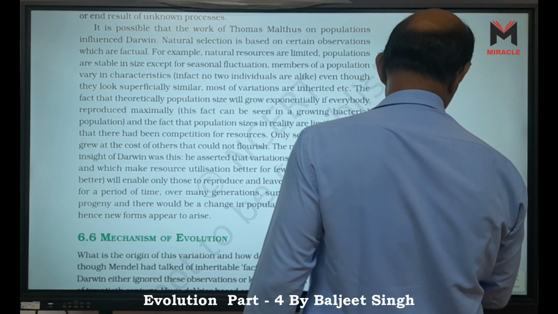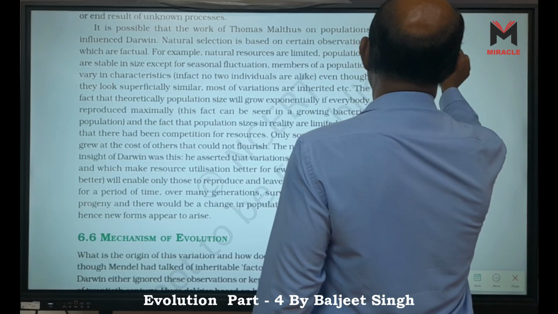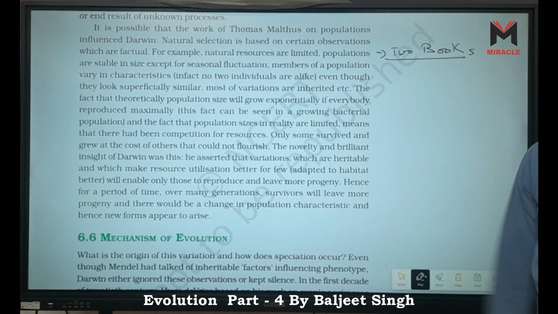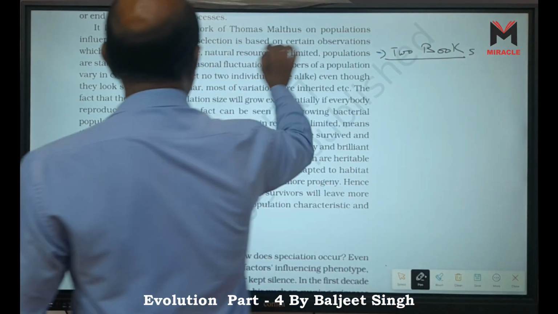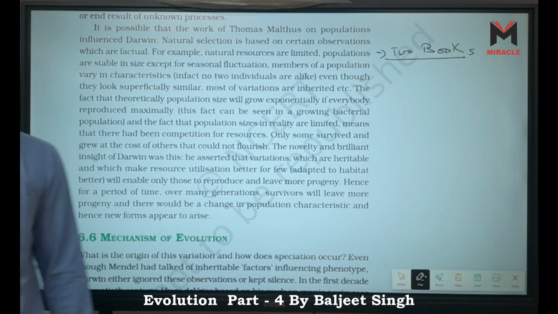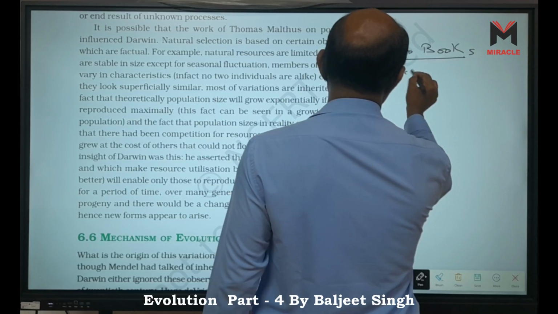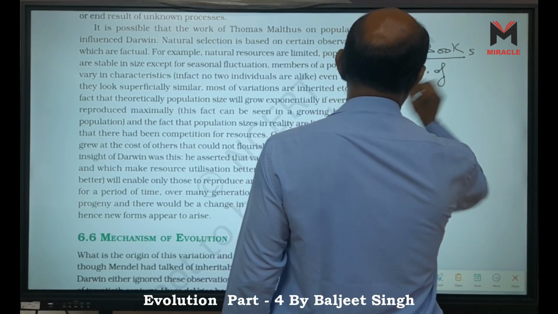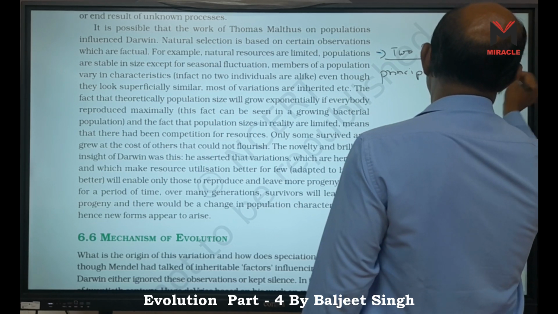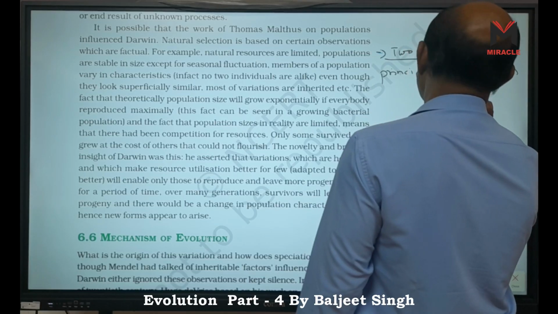Which books? One is written by Thomas Malthus. He wrote a book, that is, Principle of Population. It is written by Thomas Malthus.